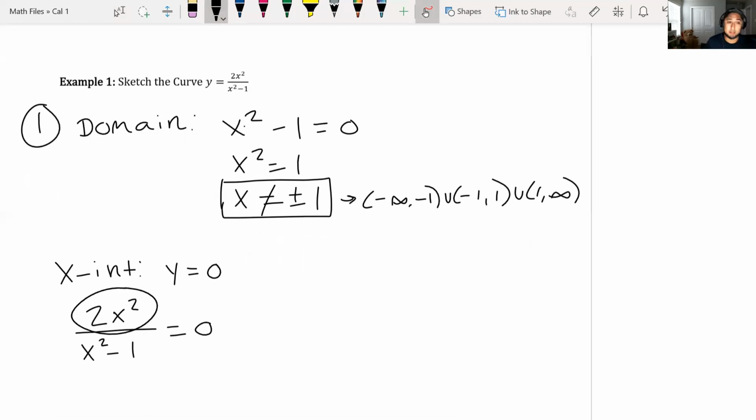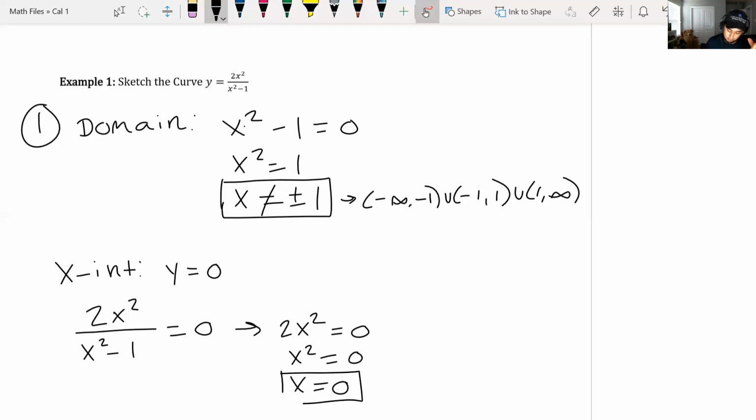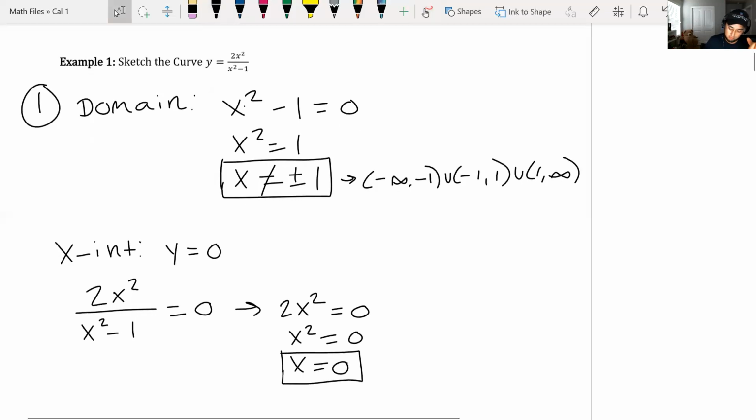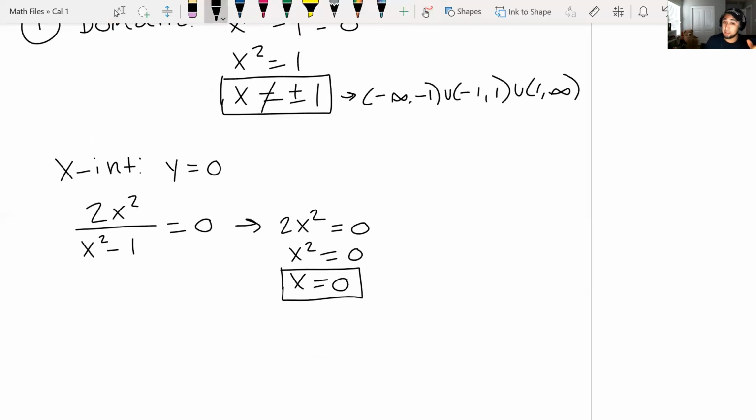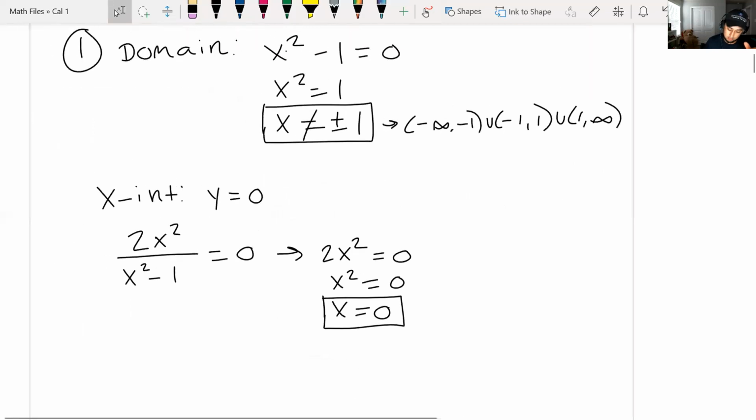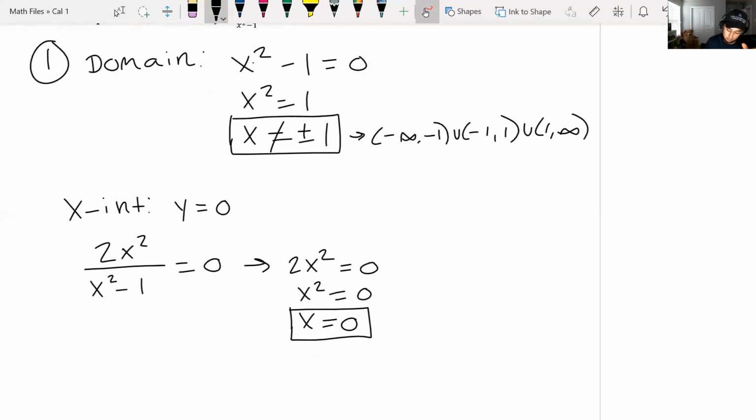So I will only take the numerator and set it equal to 0. This means I get 2x squared equal to 0, x squared equals 0, and x equals 0. This means my x-intercept is (0, 0).